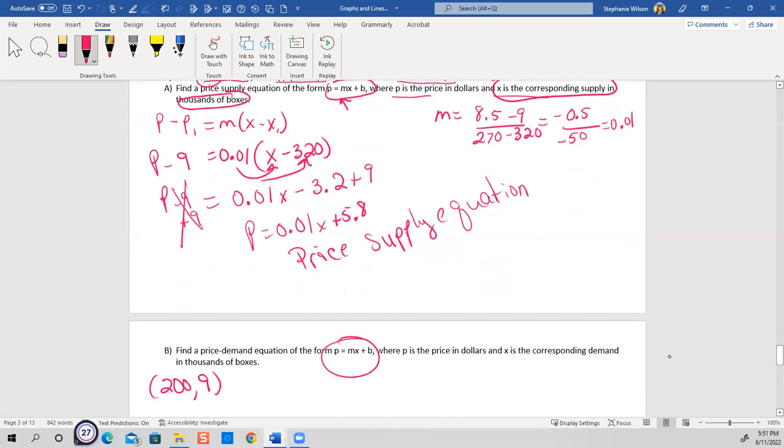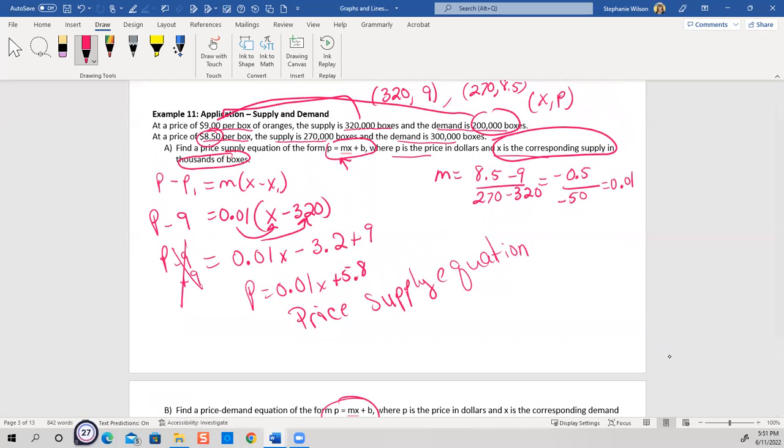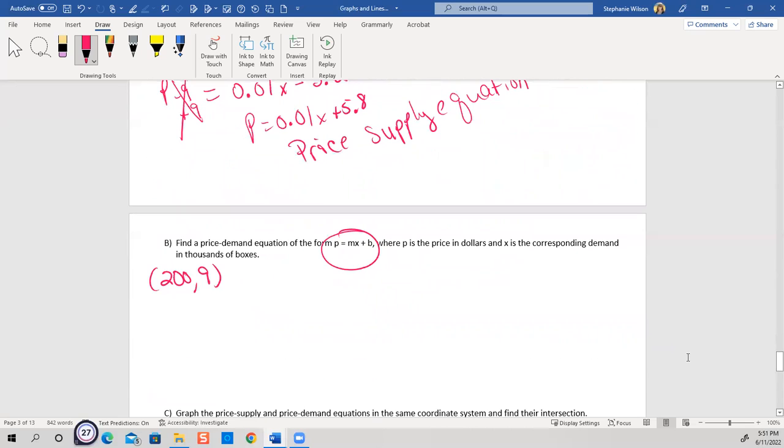And then if we go back up here, what do I see? I got another ordered pair here, the 300,000 to the 8.5. So we got two things going on with the $9 and with the $8.5. This is 300. Now let's find its slope.